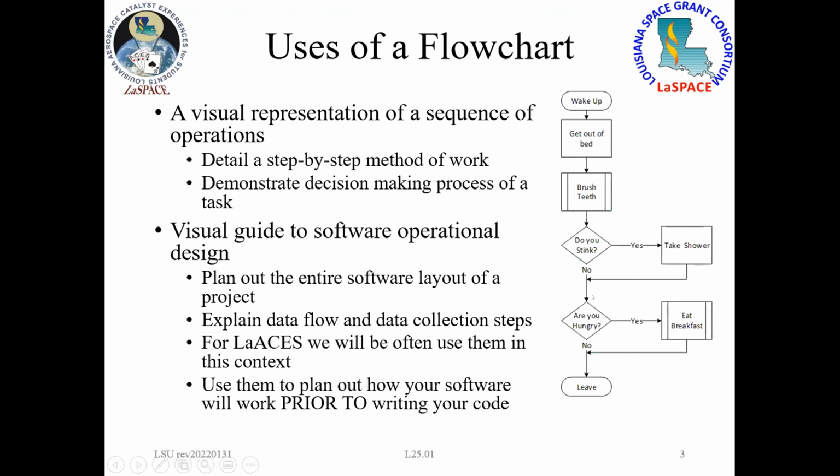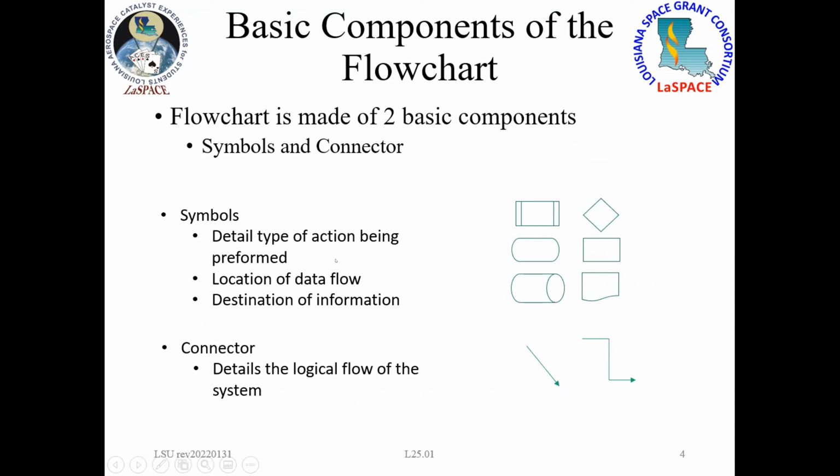I have the single steps, which we would call symbols or blocks, and then I have the connectors, which are the arrows in between them, right? So the symbols basically are where you are taking an action, you're performing a step, you're showing where the data is, where I'm storing data. And the connectors are where you're detailing what is the next step, what is the next operation.